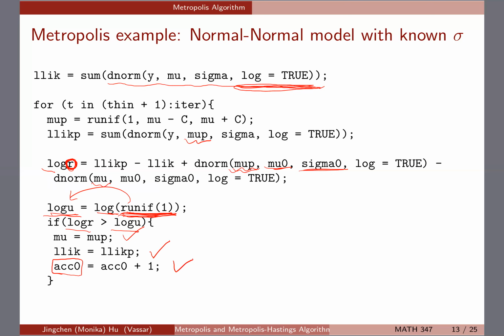So in the end, once you run the whole MCMC, you'll be able to know how many times out of, say, 10,000 iterations I have accepted my draw. So ACCO divided by the total number of iterations is the acceptance ratio that I was trying to say we should try to reach around 35%.